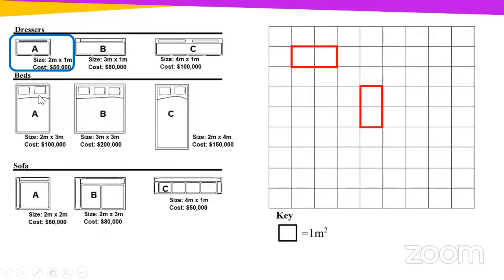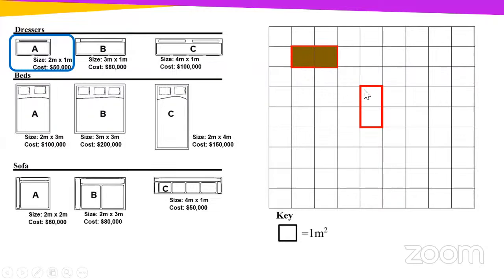All right, now boys and girls, we want to find the area of dresser A. We're going to do this by counting our squares. I'm going to start with the first rectangle and see how many squares we have here. We have 1 square shaded, 2 squares shaded.